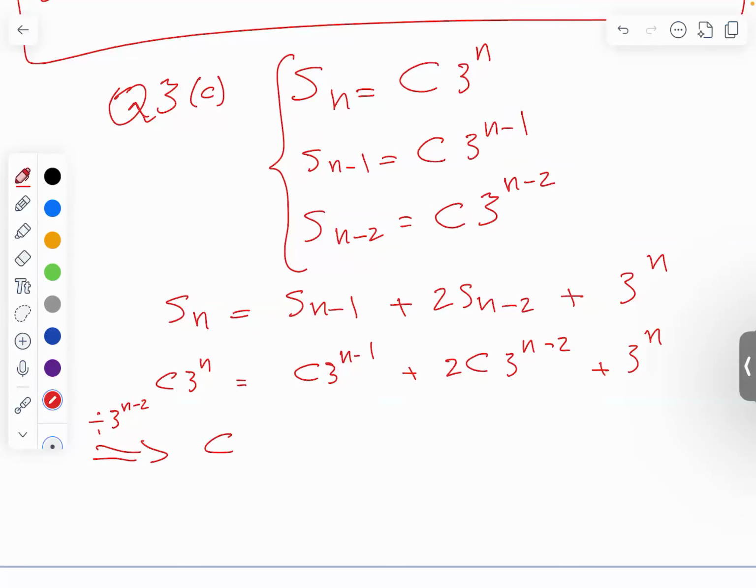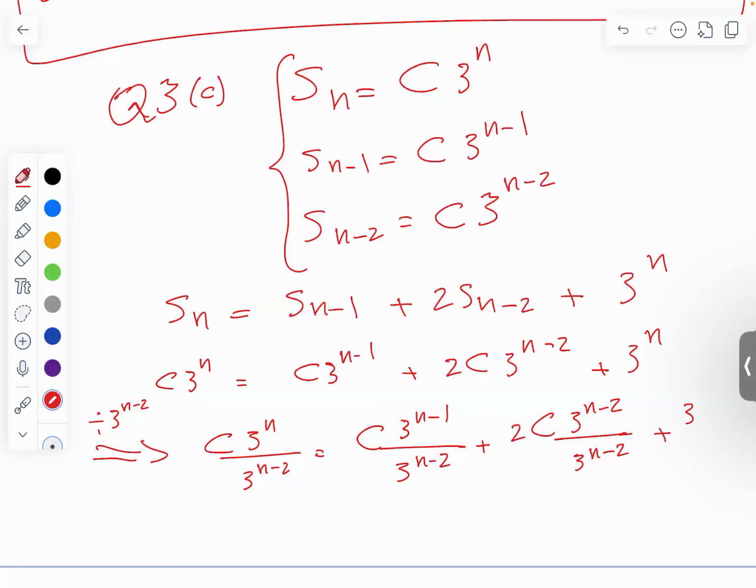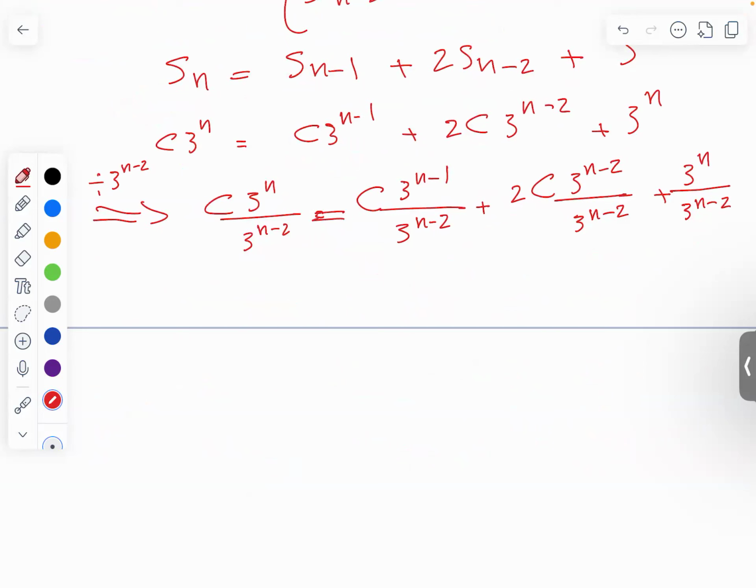Okay, so this will be C times 3 power n over 3 power n minus 2. What's this one? 3 power n over 3 power n minus 2.